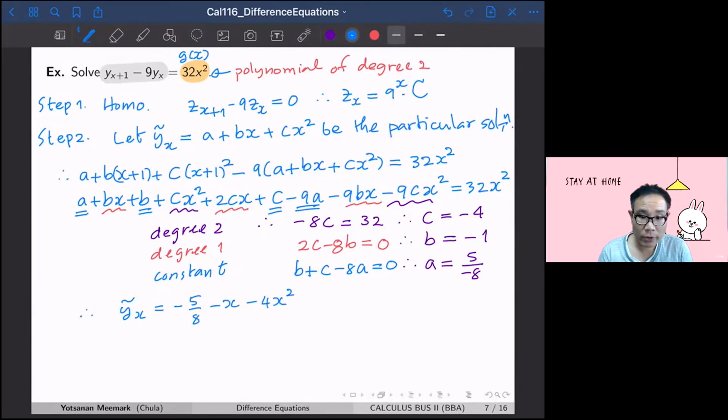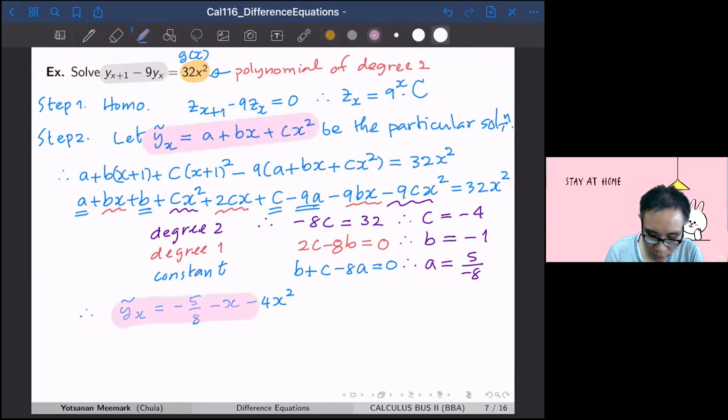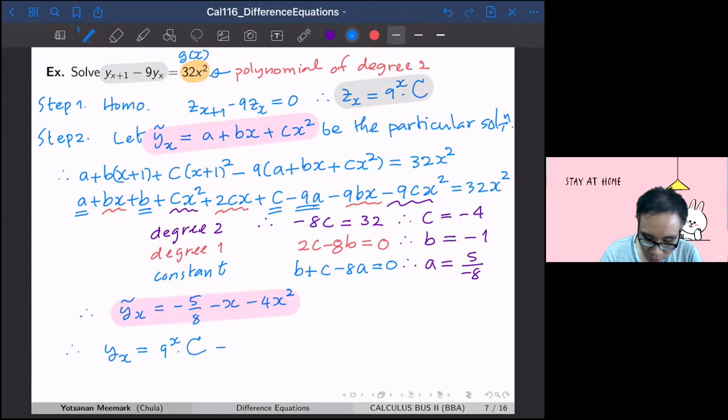So that is going to be the A, B, and C that you are looking for in this solution. And you have the homogeneous part. So you're going to have y(x) equal to 9 to the x times c, minus 5 over 8 minus x minus 4x squared, to be your general solution.